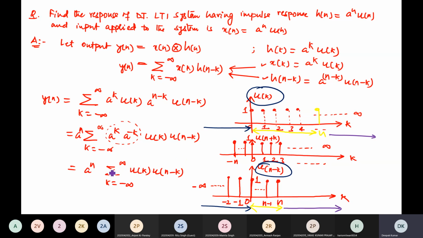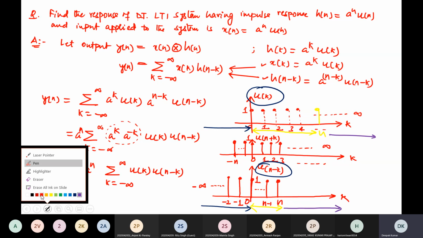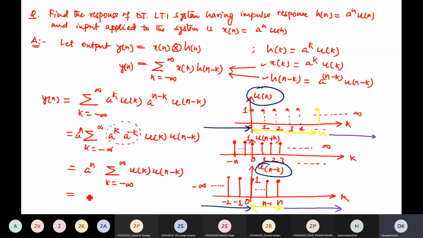So this value will become 1 and the range of summation will become 0 to n, and the value is 1. So you can now add this 1, n plus 1 times, from 0 to n.